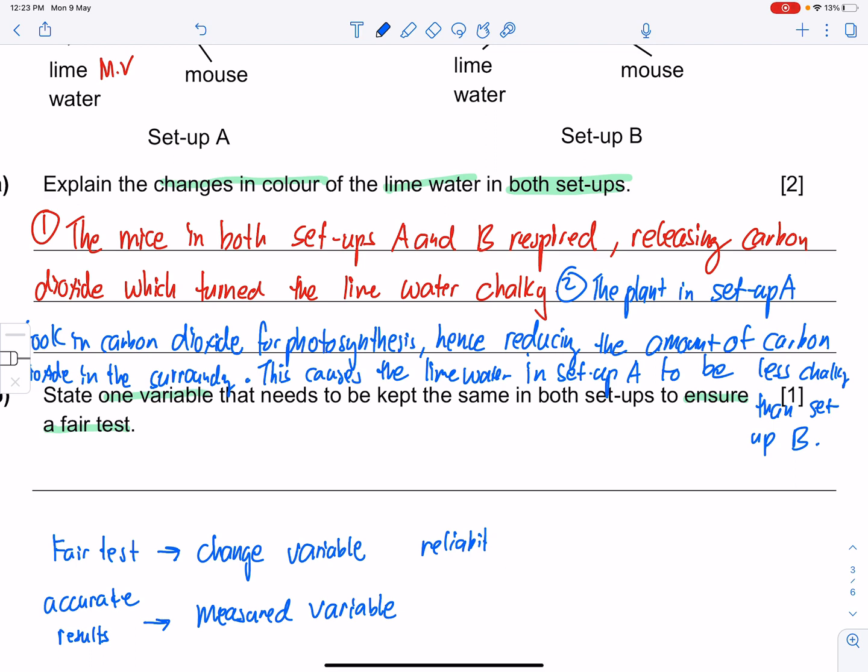Reliability of results, you're talking about how many times you repeat that experiment, or rather the consistency of results.